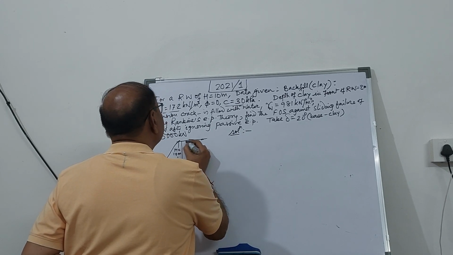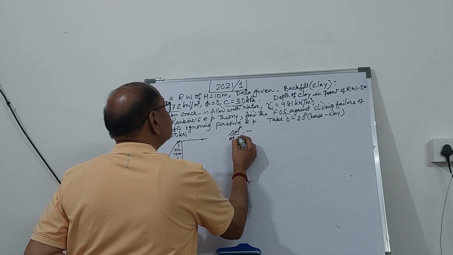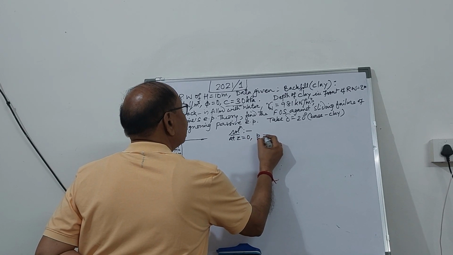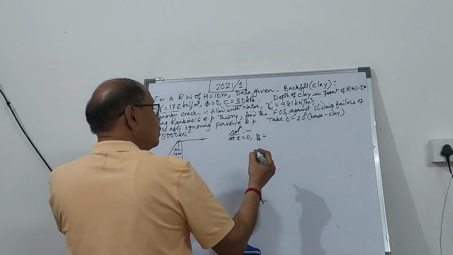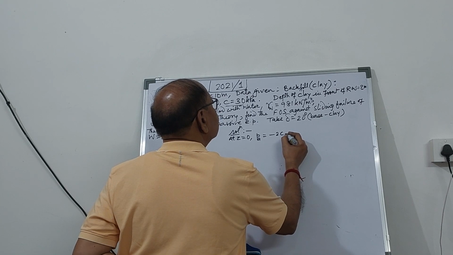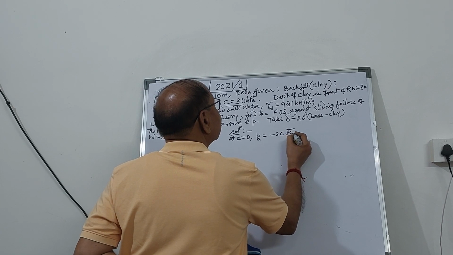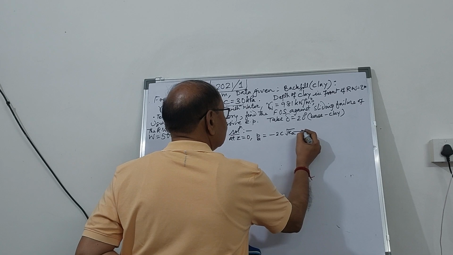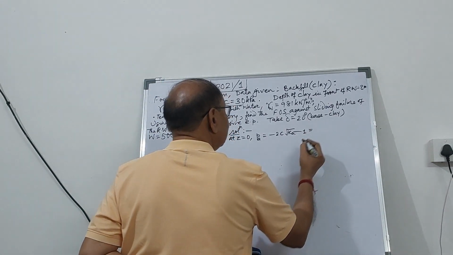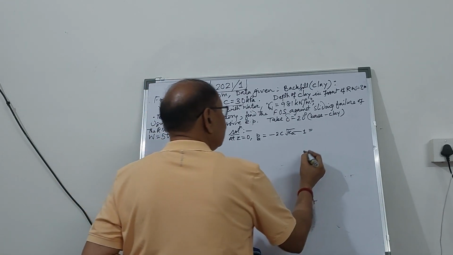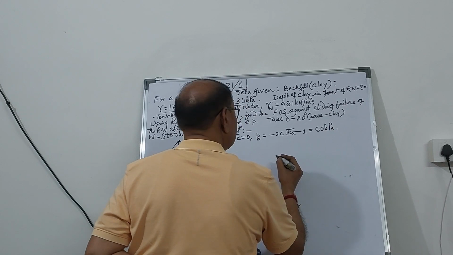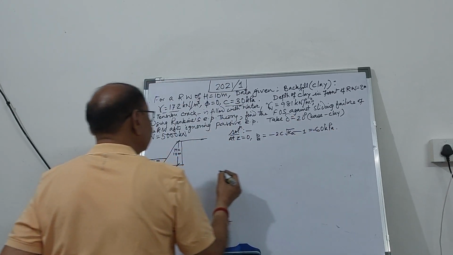The cohesion will be at z equal to 0. The active earth pressure due to clay soil will be minus 2c under root k. Here, because phi is 0 degree, k is going to be 1. So this is going to be minus 2 into c, 60 kilopascal with negative sign.